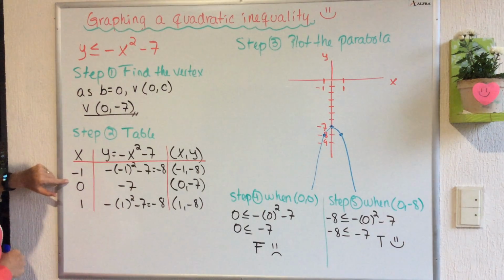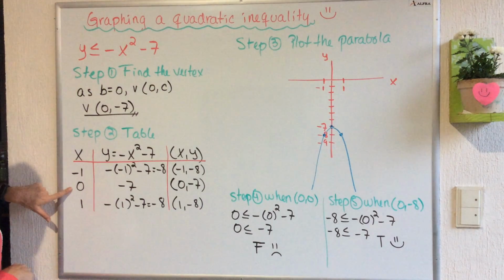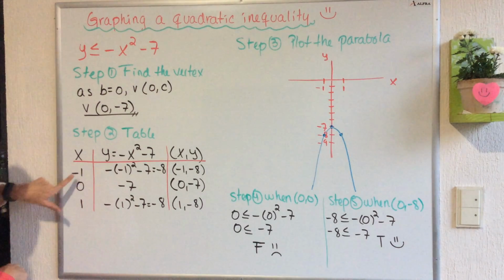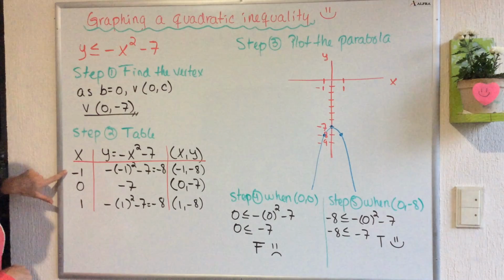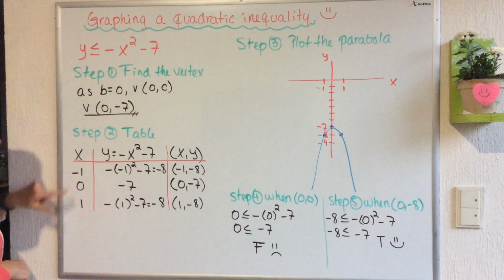Now, remember that we are going to look for a number which is smaller than the x coordinate in the vertex. As we have 0 here, one number which is smaller is minus 1 and one number which is greater is 1.